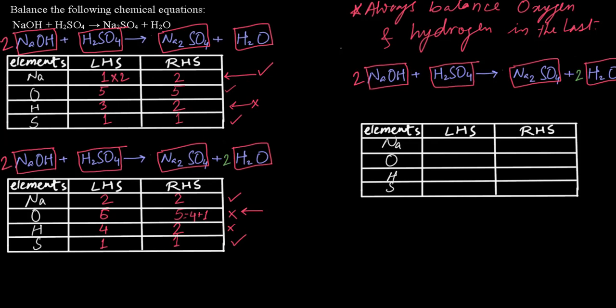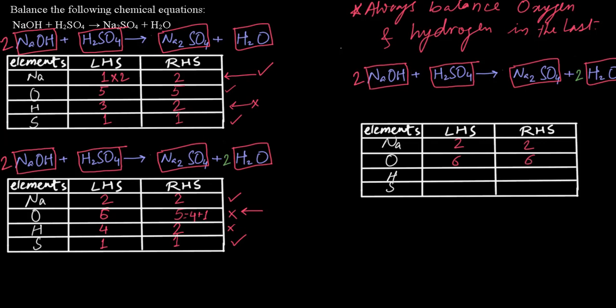Now for sodium, we have 2 of sodium on the LHS and 2 of sodium on the RHS. So 2 and 2. For oxygen, we have O taken twice and O4. So 2 plus 4, we have 6 on the LHS. So we'll write 6. And we have oxygen taken twice in water, so 2 of oxygen here, and we have O4, so 4 of oxygen here. 2 plus 4, we have 6 of oxygen on the right hand side.